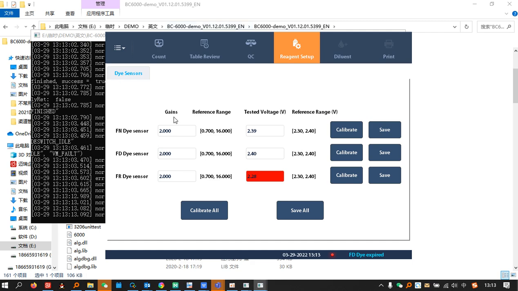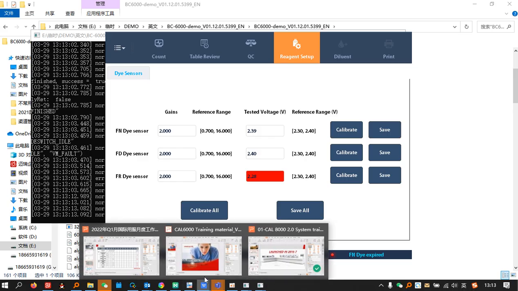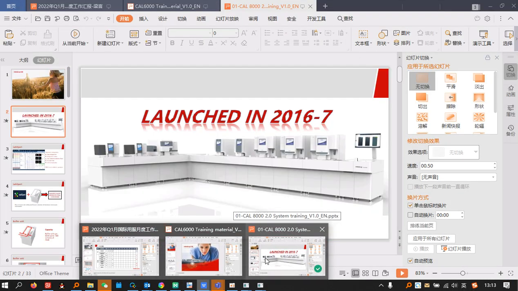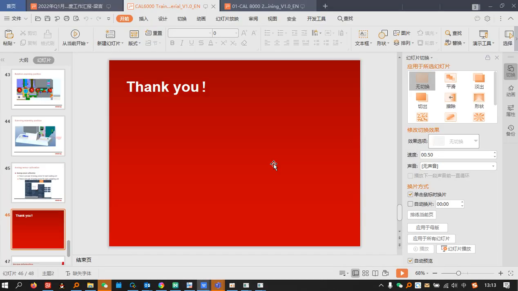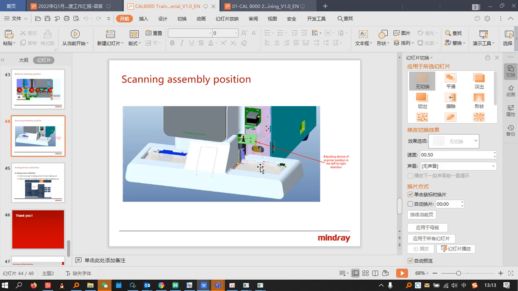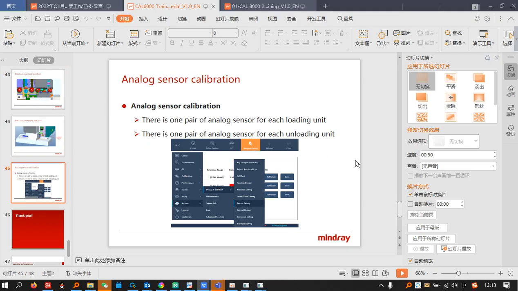So let's bypass this one. In fact, in the KL 8000, 6000, the 6K1 autoloader has a couple of analog sensors to detect whether there is a tube on the loading platform. So we need to confirm the analog sensor.